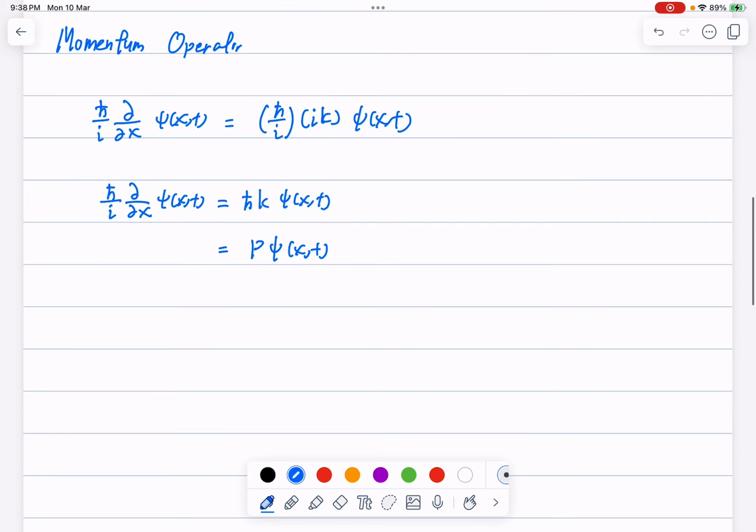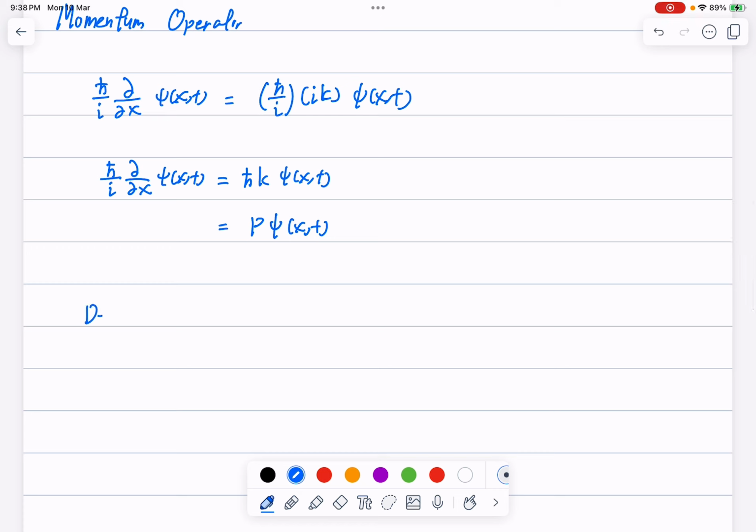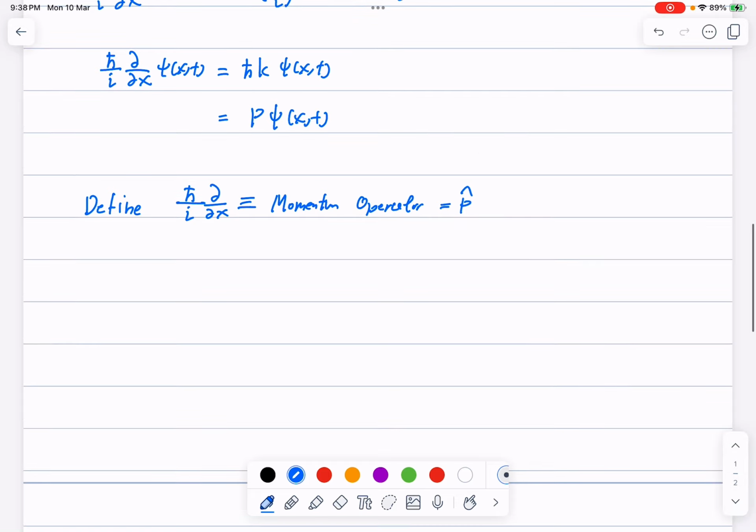So we define h bar over i times the partial derivative with respect to x to be the momentum operator, and we call it p hat. So p hat psi of x and t equals p psi of x and t.